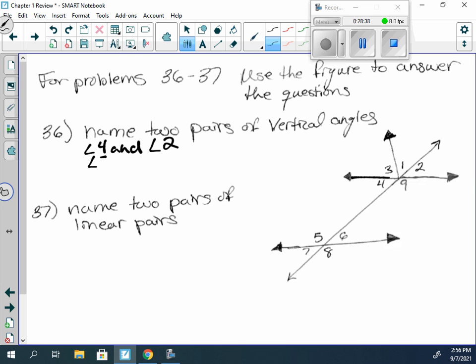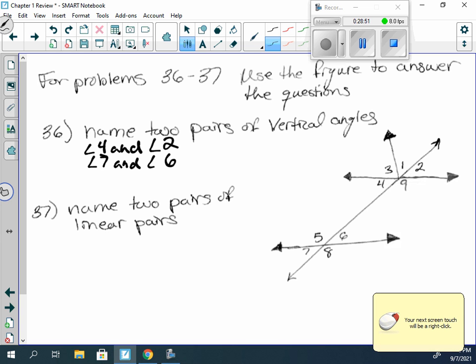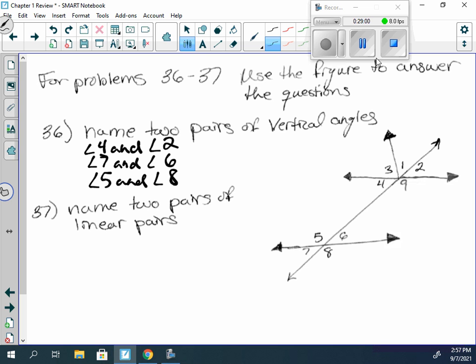Those are 2 pairs of opposite rays, which would make 2 and 4. 7 and 6, yes. One last one. 5 and 8. 9 would have one if it wasn't for the fact that we have angles 2 and 3, because that one angle is split up. Those would not work.